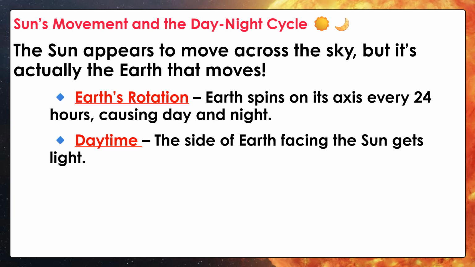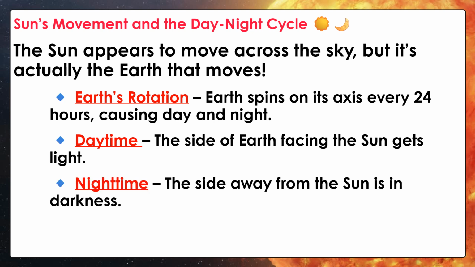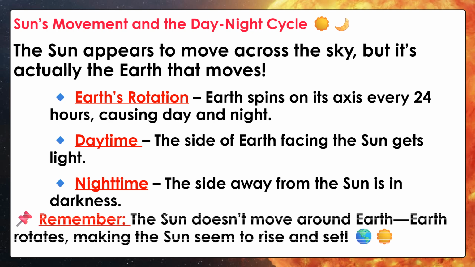The side of Earth facing the sun gets light. Nighttime. The side away from the sun is in darkness. Remember, the sun doesn't move around the Earth. Earth rotates, making the sun seem to rise and set.